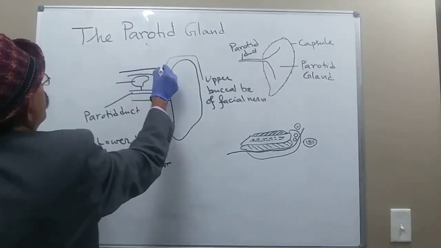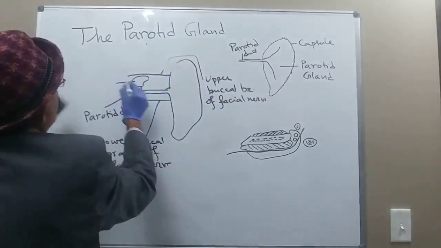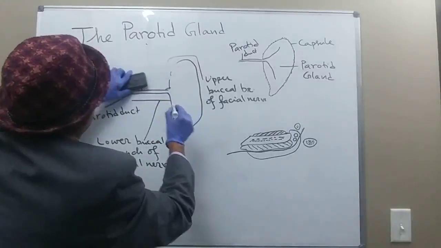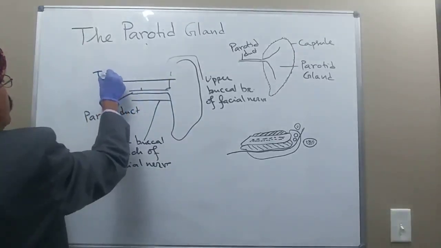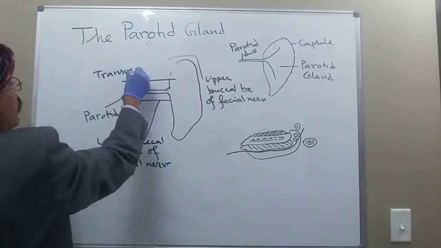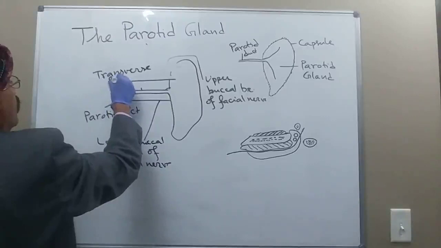The transverse facial artery may be a little bit lower here. At this level we also get the transverse facial artery, above the parotid duct.